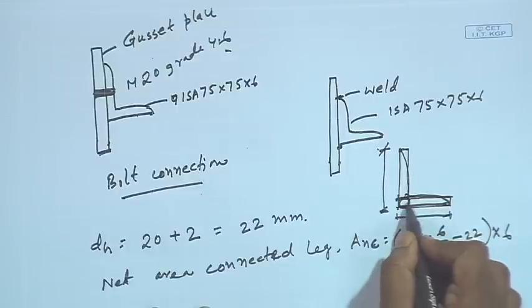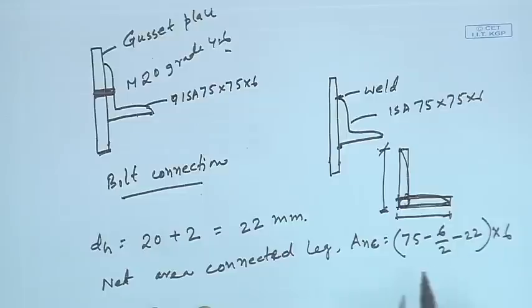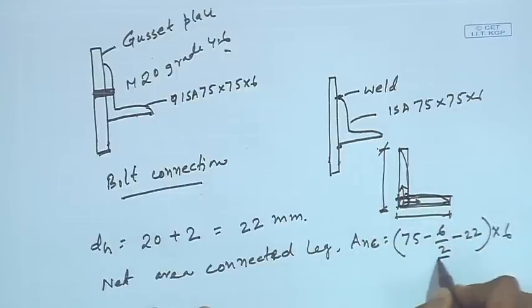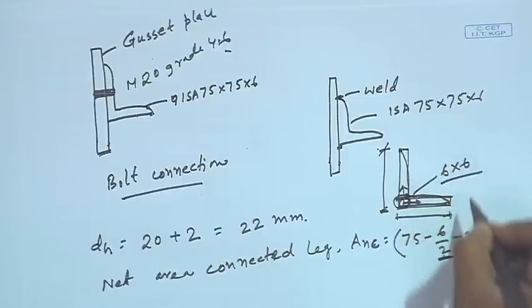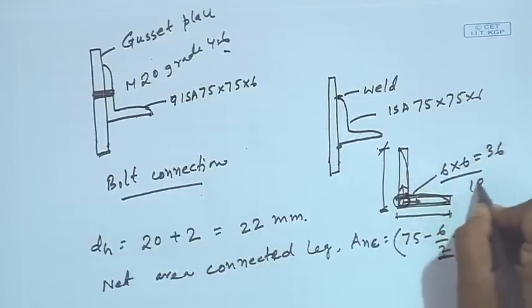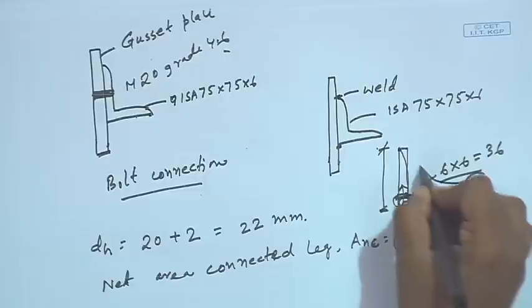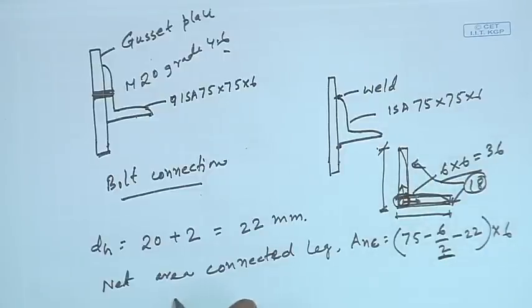To take the actual value, we reduce half of the area in this part and half in this part. Therefore, we reduce 6 by 2 into 6. This area will be 6 into 6, that is 36, so 18 goes to here and 18 goes to here. Therefore, the ANC value after calculation will be 300 millimeter square.